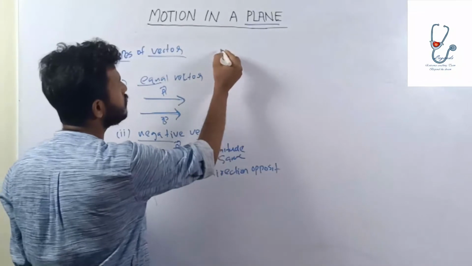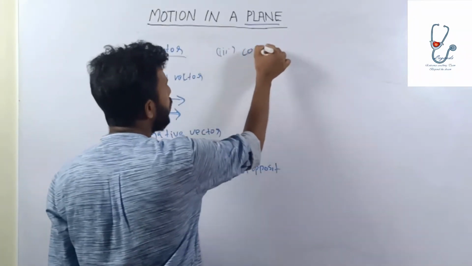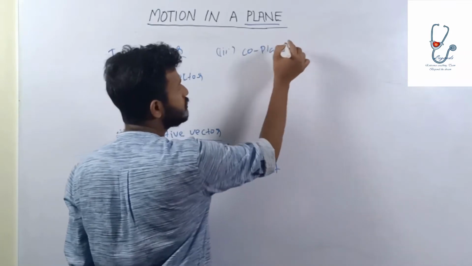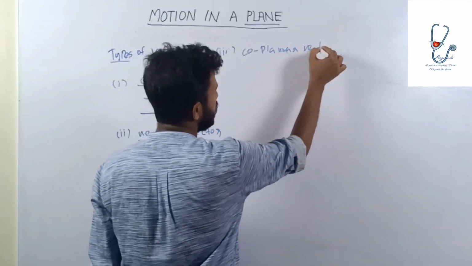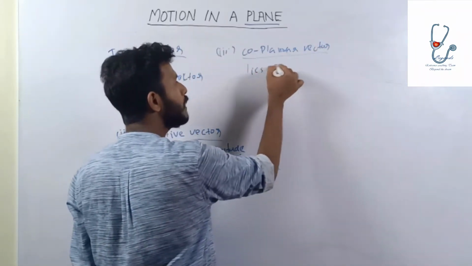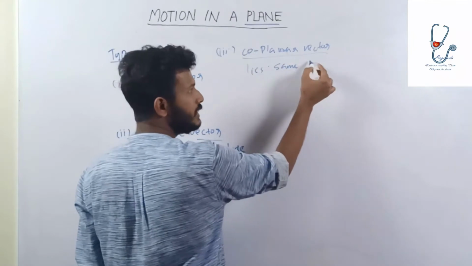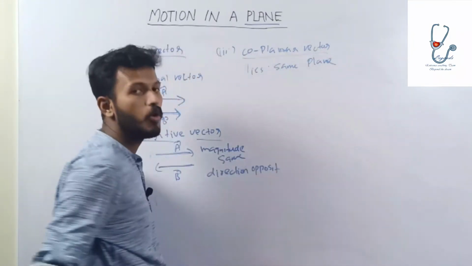Okay. Number three, coplanar vectors. This is very important. If two vectors lie in the same plane, such vectors are called coplanar vectors.